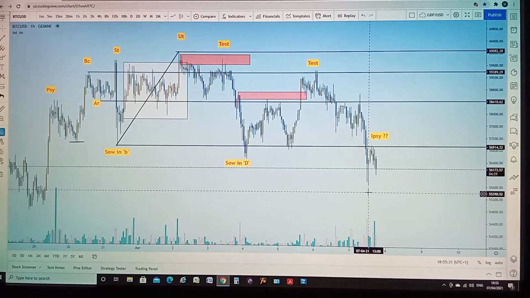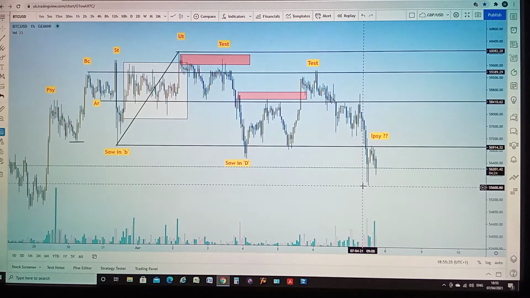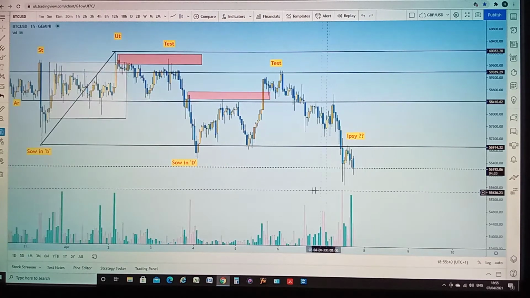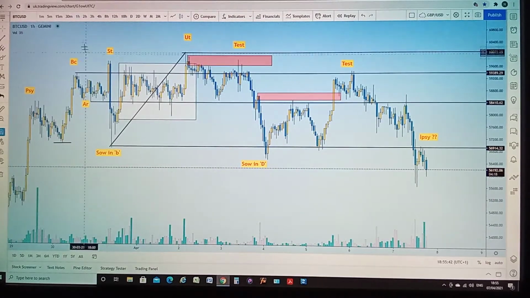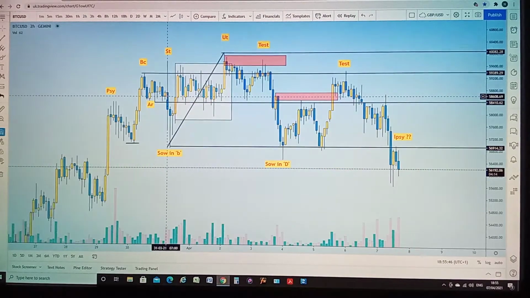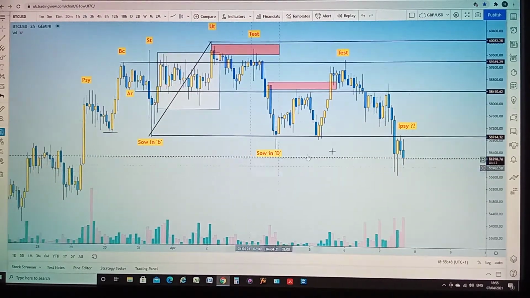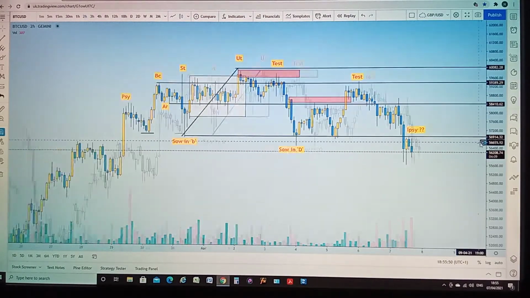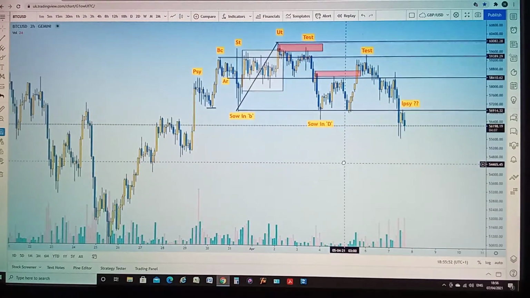Will it continue to the downside, as I've stated in my last few videos, down towards the $45,000? I think it may well do. Let's just take this up to a 2 hour, which makes it a little bit more legible and we can see it a little bit more clearly. I'm just going to shrink the chart up just a little bit to see where we are.